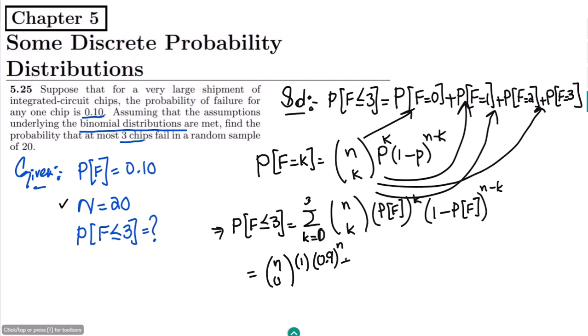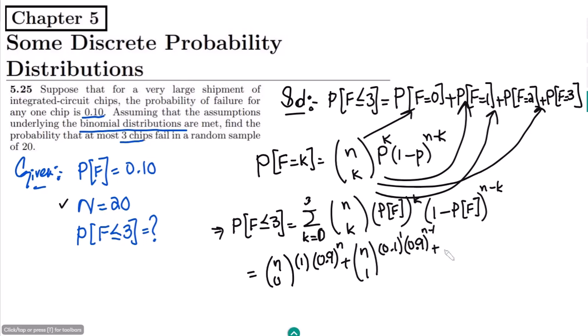Plus for the second item we will have n choose 1, p of f is 0.1, so 0.1 raised to power 1, and 0.9 raised to the power n minus 1.